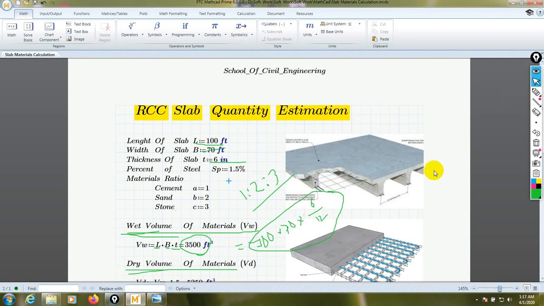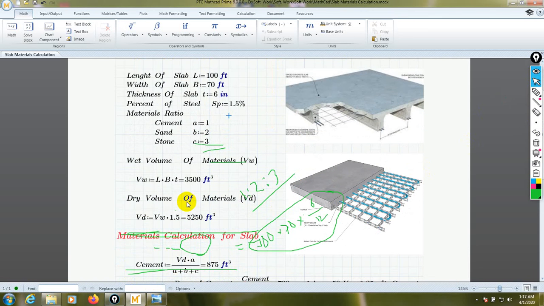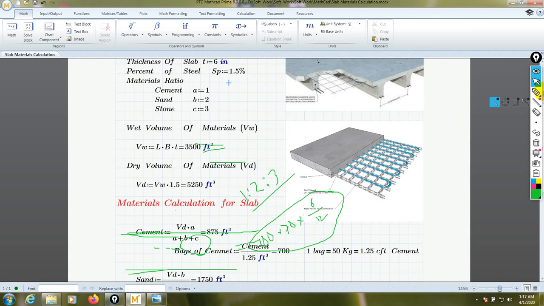After that, we'll go for dry volume, and we know that the dry volume is 1.5 times the wet volume.